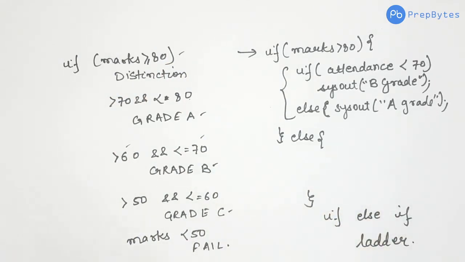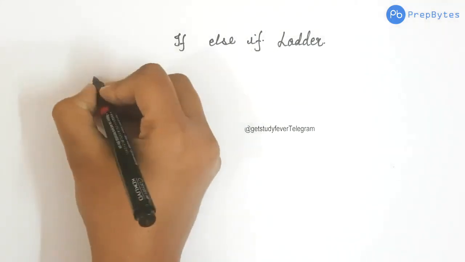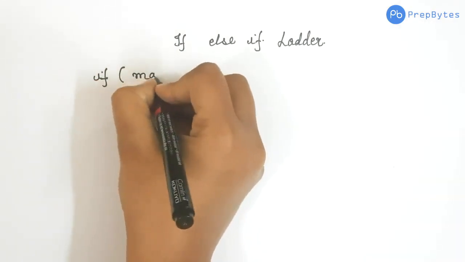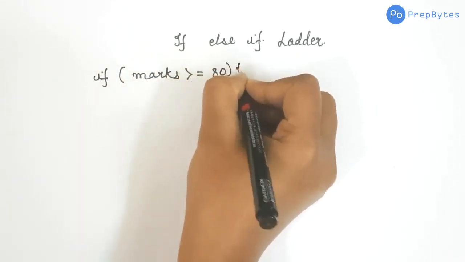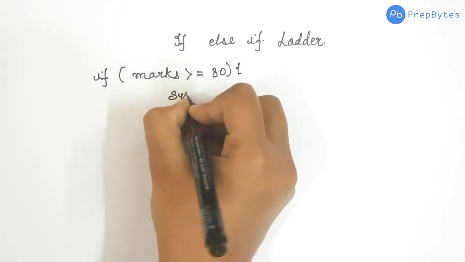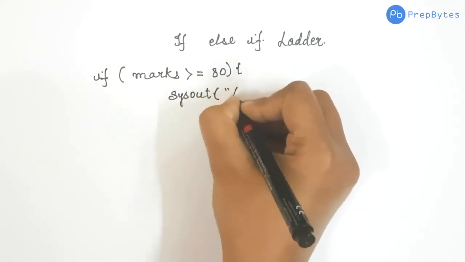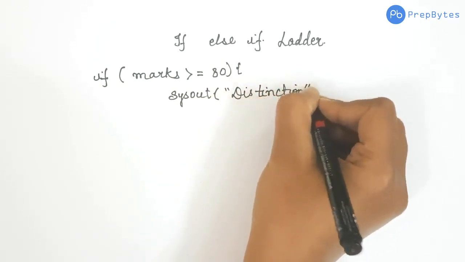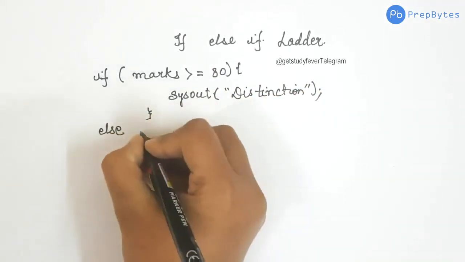Let's try to see what the if else if ladder is. So in if else if, it looks something like this. We have an if and then we have a condition. Let's say marks greater than or equal to 80. Sys out distinction, and then we have else if.